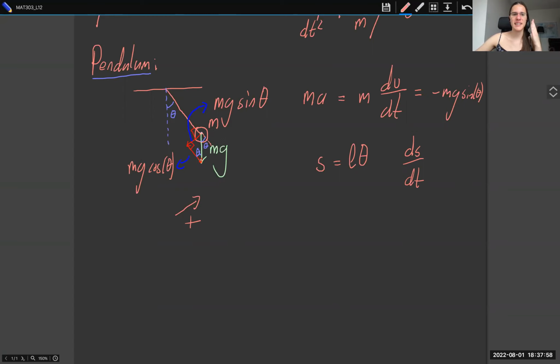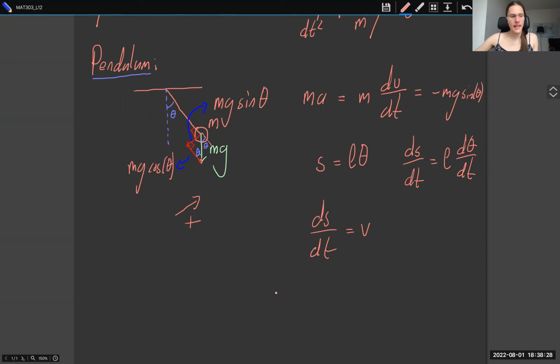So s is going to be measured in a circular way. s is a measure of arc length along the circle. ds/dt is L d theta/dt. And that's also equal to the velocity, because you're moving along this circle. So your change of arc length is actually your instantaneous velocity.